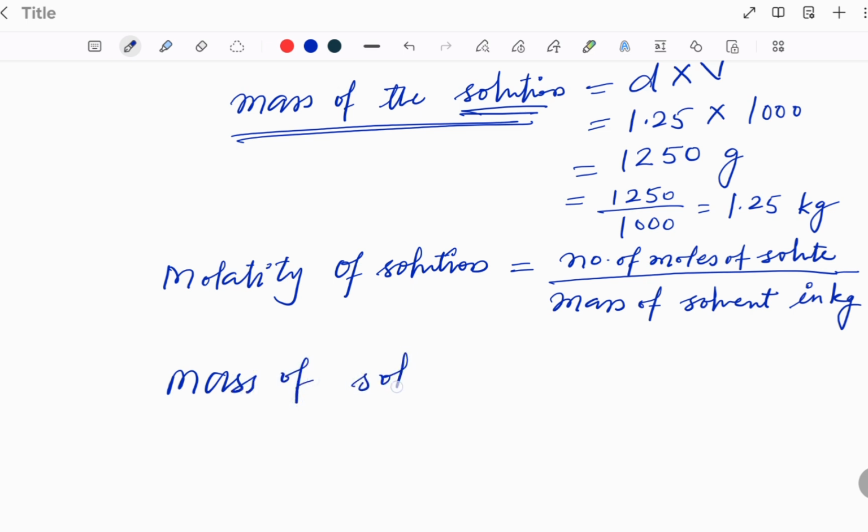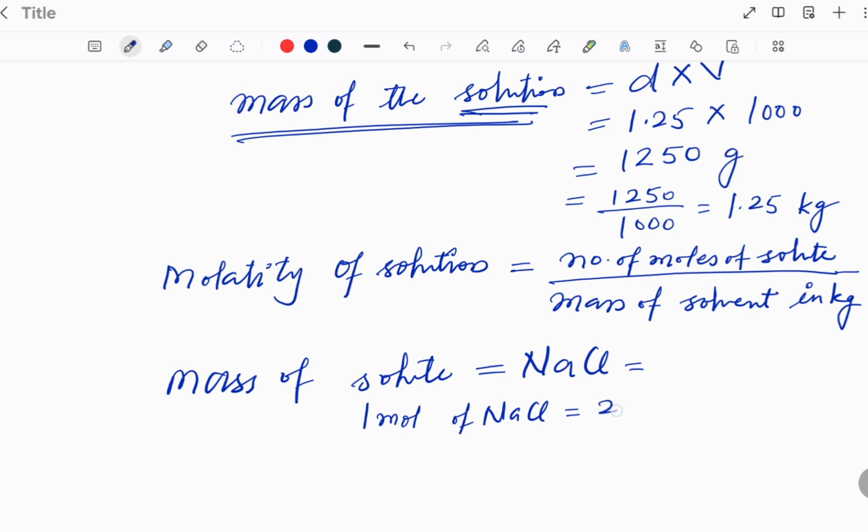Mass of solute. Right? So what is solute over here? We have sodium chloride. Okay. So 1 mole of sodium chloride weighs, in it there is 1 sodium and 1 chlorine.